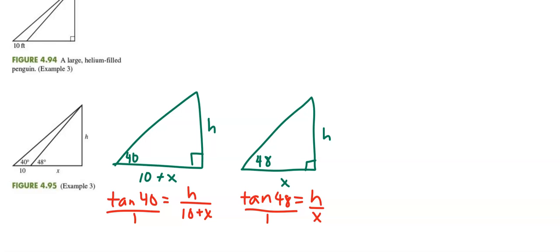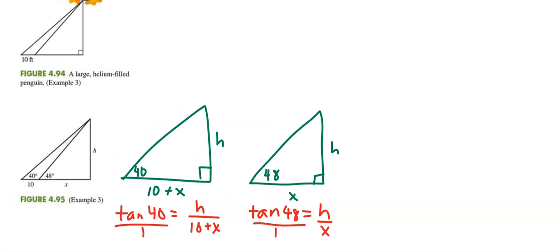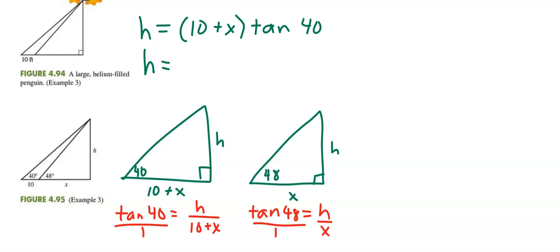If I solve for h in the first one, I get h equals 10 plus x times tangent 40. And on the other one, all I'm doing is cross multiplying, so h equals x times tangent 48.